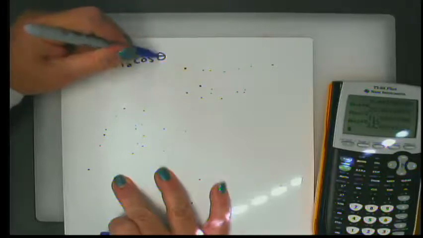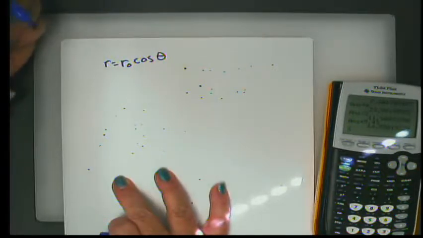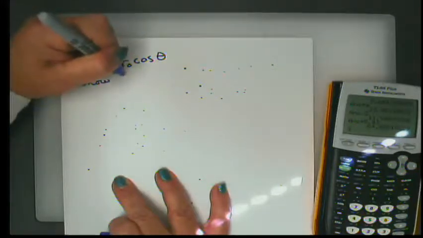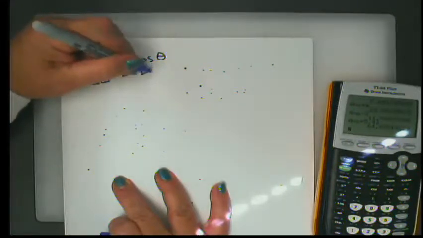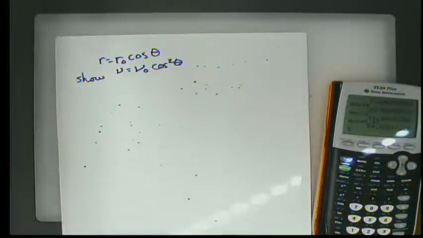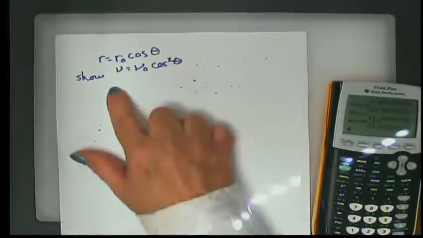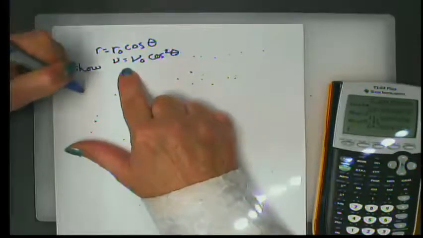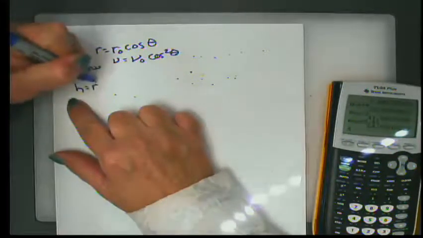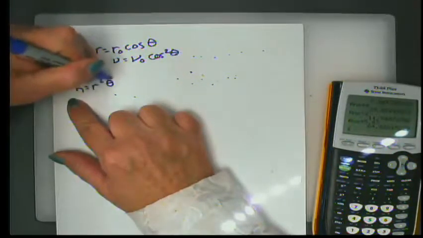That's in the problem statement. We want to show that v is equal to v0 times the cosine squared of theta. Basically, if you take angular momentum per unit mass, that is going to be equal to r squared theta dot.